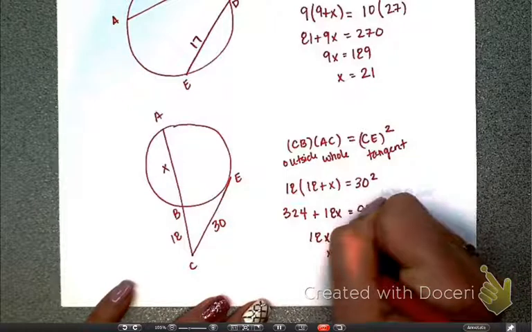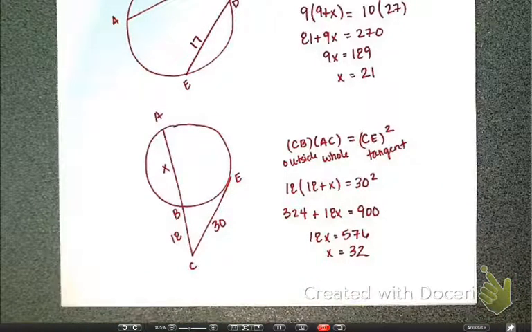X equals 32. So those 3 are if you are solving for pieces of a segment.